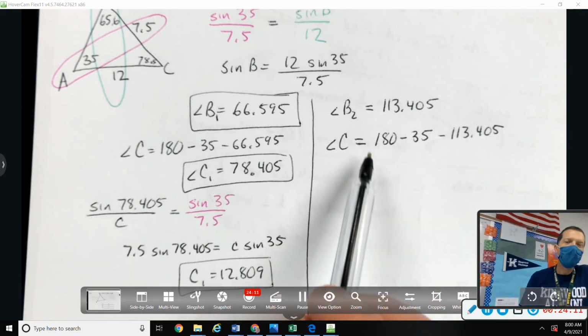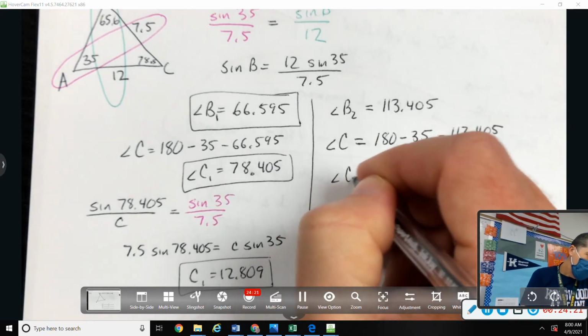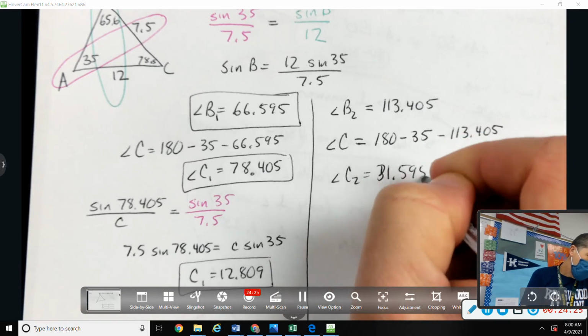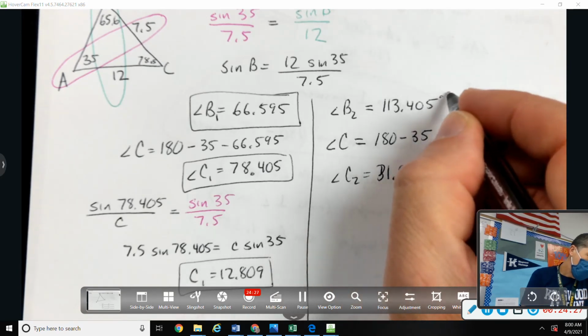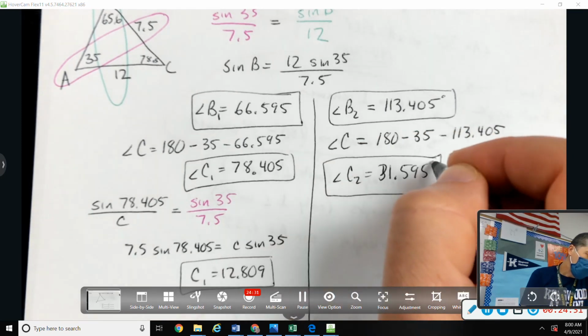If we get an angle that makes sense, then it works. If we get a negative angle, then something's not right. That works, 31.595.